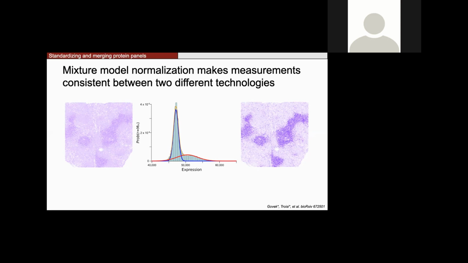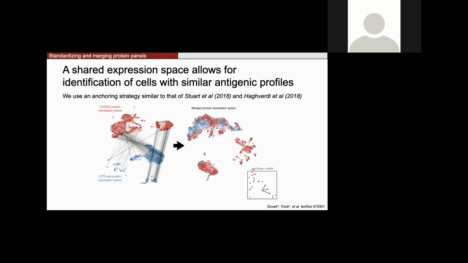So we run this on both CITE-seq and CODEX, and then we perform batch correction using a strategy that is built on the Seurat anchor correction, which came out in 2018.